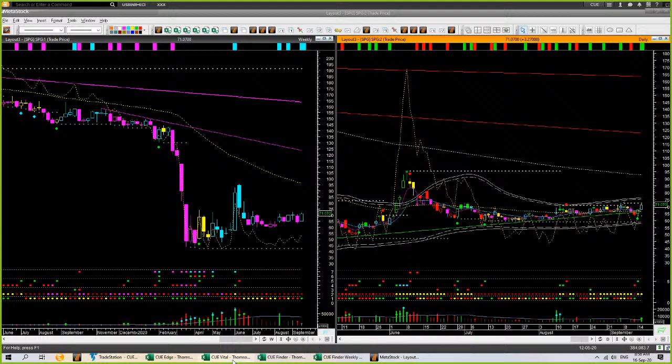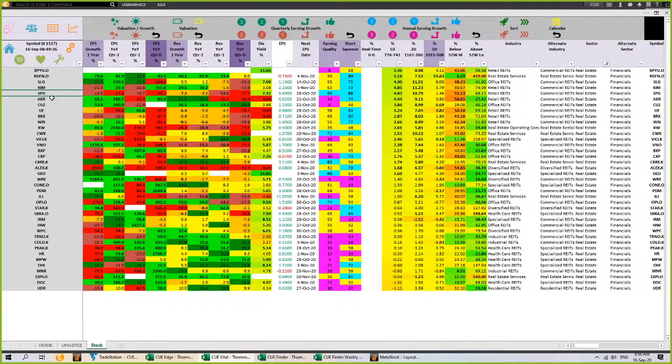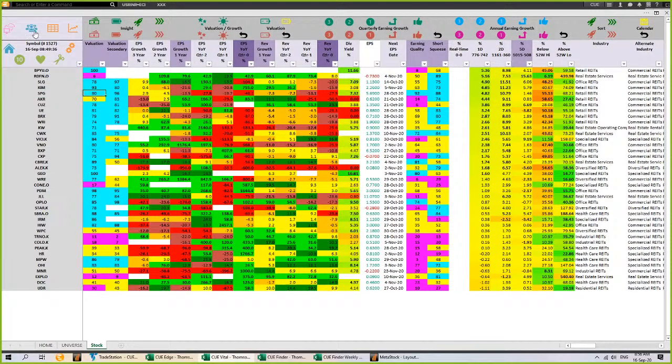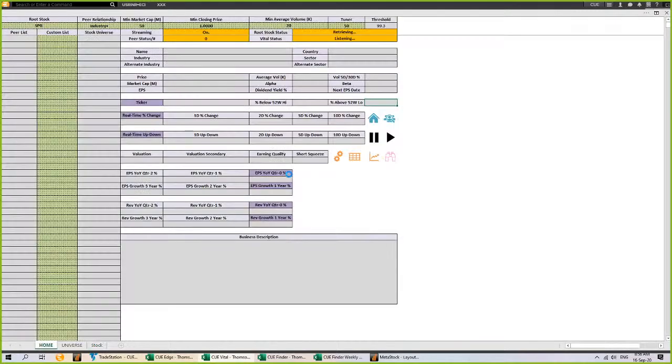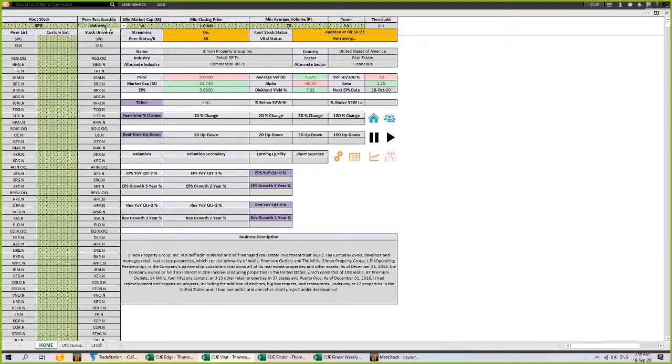Let's check the fundamentals again. SPG. Let's carry out a complete peer analysis. I'm using QVital SPG as the root stock, looking for stocks in same or similar industries using this peer relationship filter.